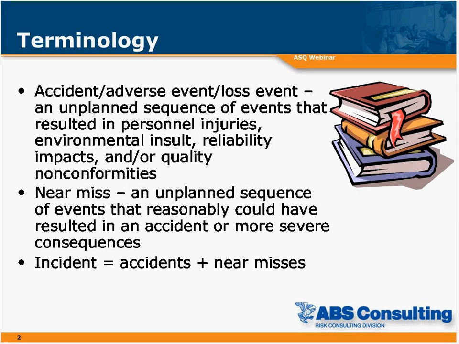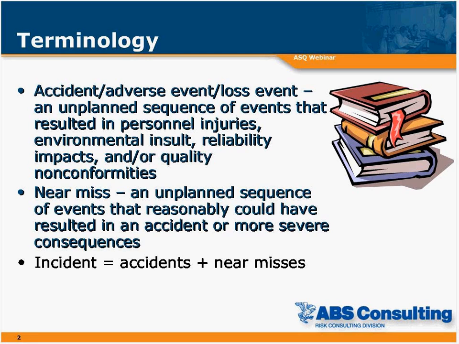I'd like to start with a little bit of terminology, just so we're all using the same words to mean the same things. The first is accident, adverse event, or loss event. As we're describing here, it is an unplanned sequence of events that results in personal injury, environmental insult, reliability impacts, and/or quality non-conformances.